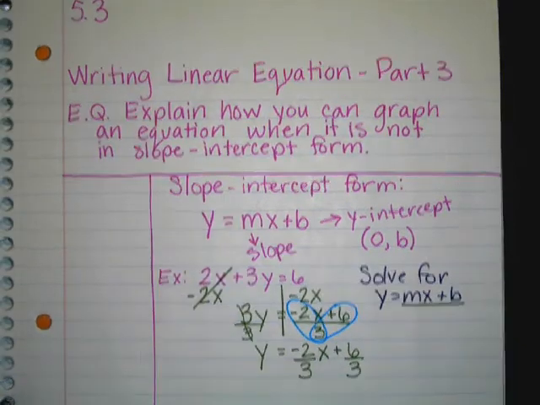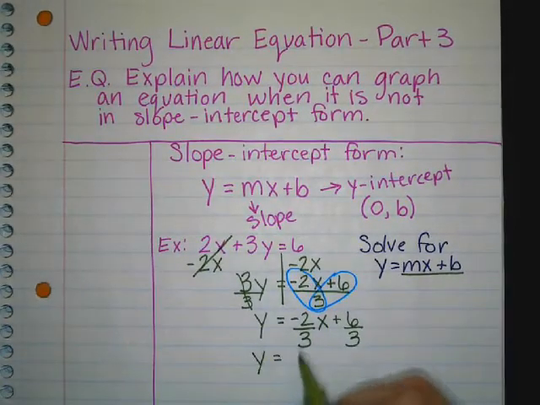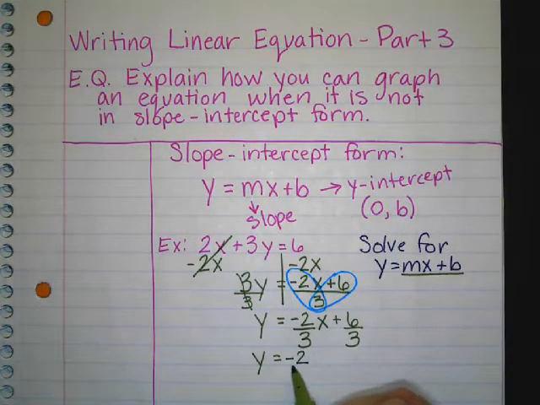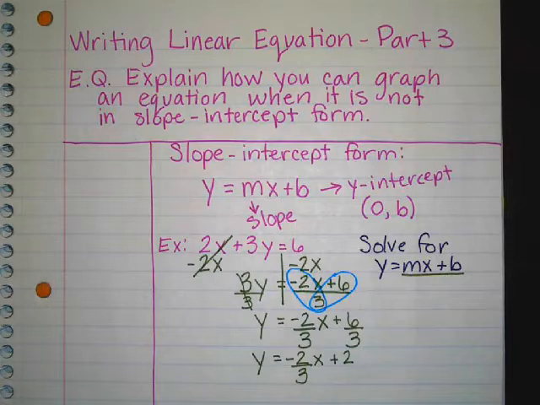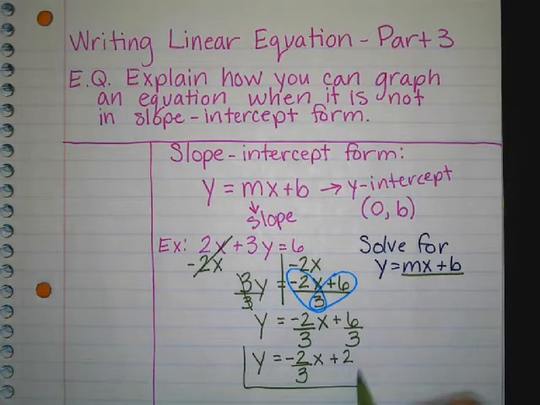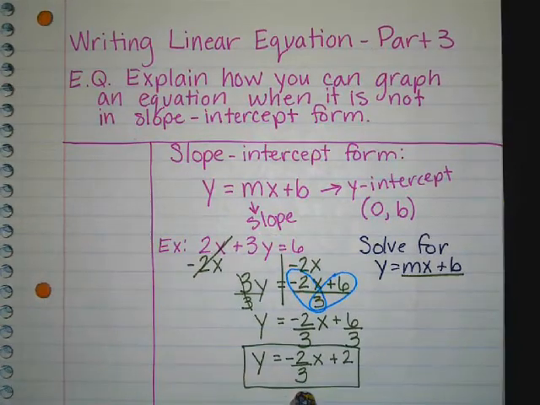We can simplify this a little bit further, and we have y equals negative 2/3 x plus 6 divided by 3 gives me 2. This is a great way to write slope as a fraction. Okay, so that's my answer. From there, I could go ahead and graph this by using my intercept and using my slope.